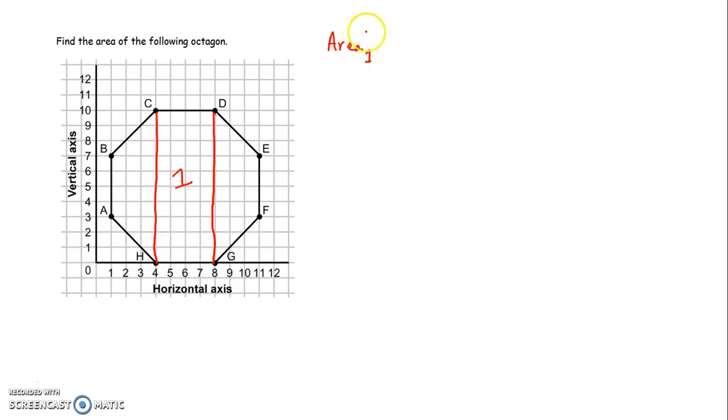Area 1 is a rectangle. So to find the area of the first part, it's going to be base times height. Base of my rectangle times the height of my rectangle.